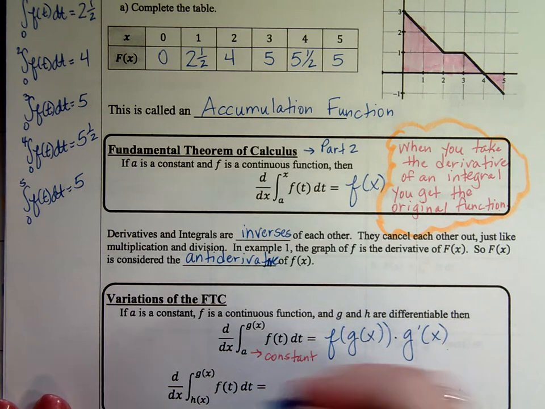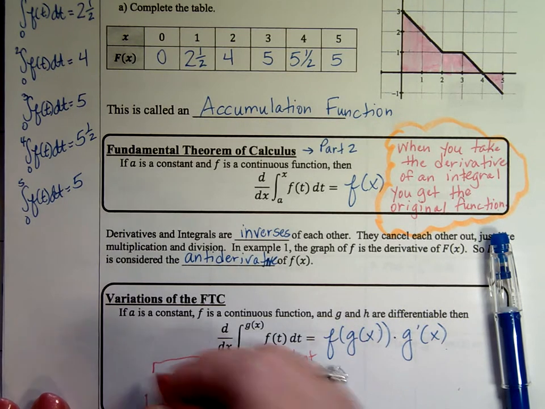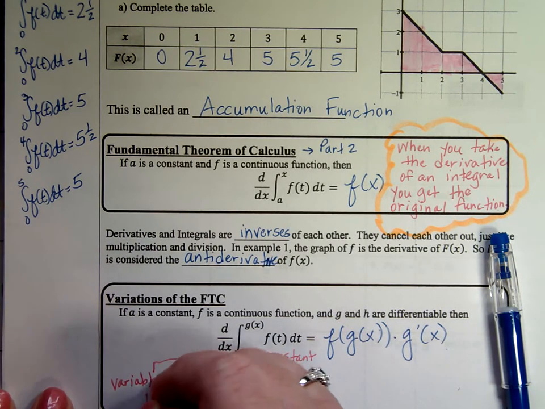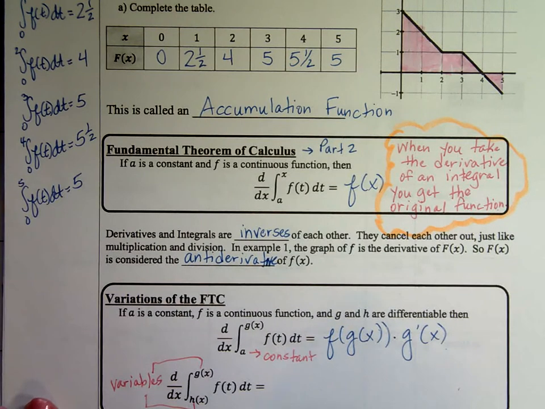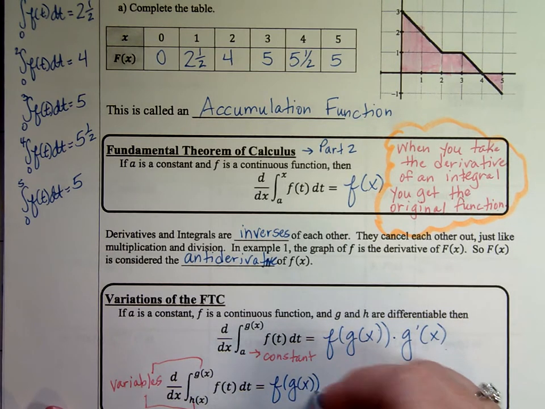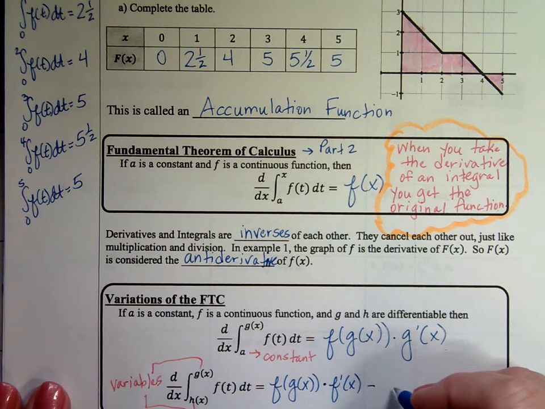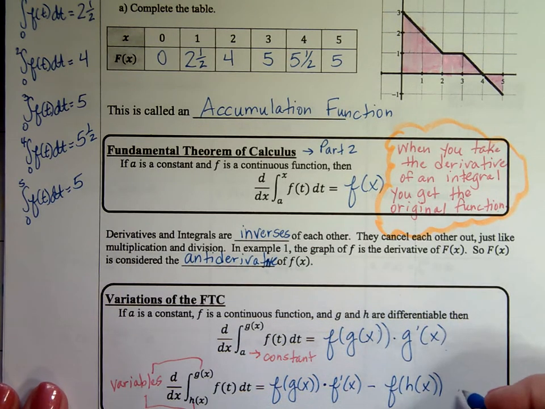But if these are both, let me do it in red here since I did the other ones in red, if these are both variables, then I have to apply this rule to it. Are you ready for this guy? It's kind of like a product rule. You're going to take f of g of x, multiply it by g prime of x, and then you're going to take f of h of x times h prime of x, and subtract.